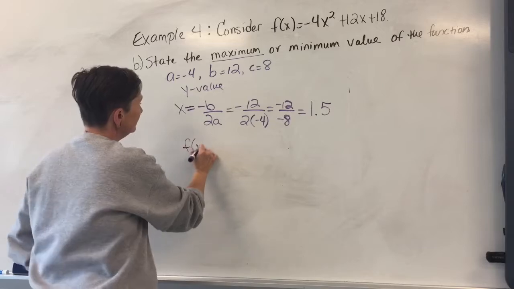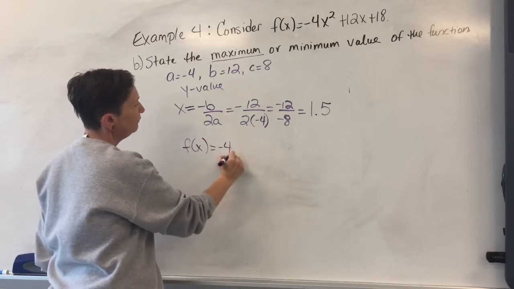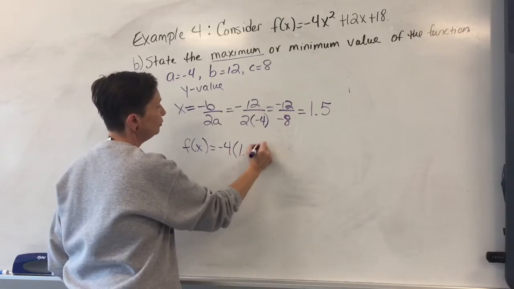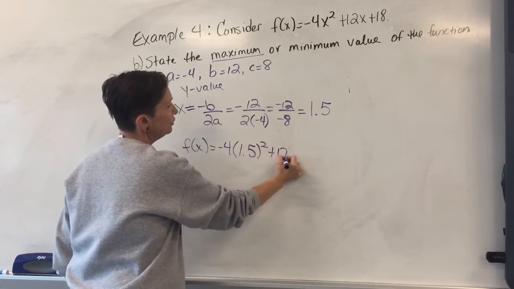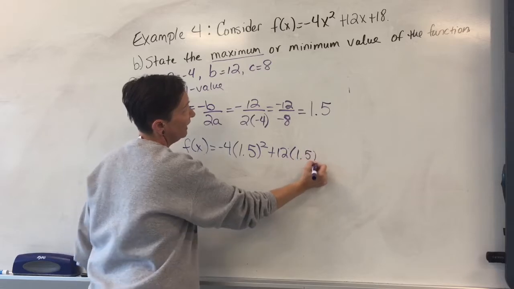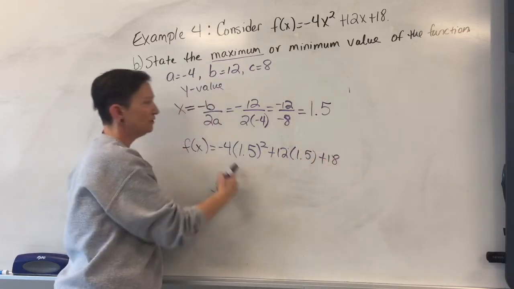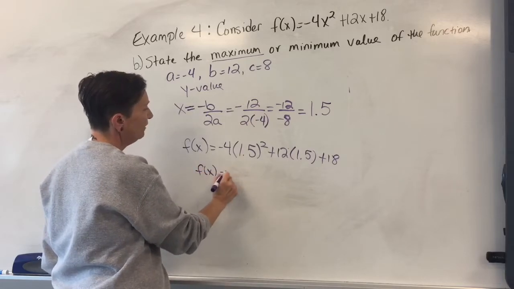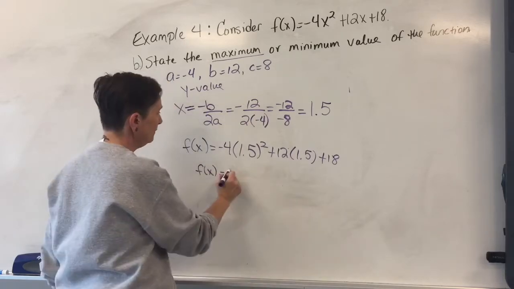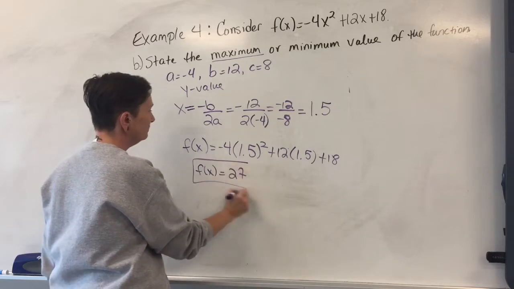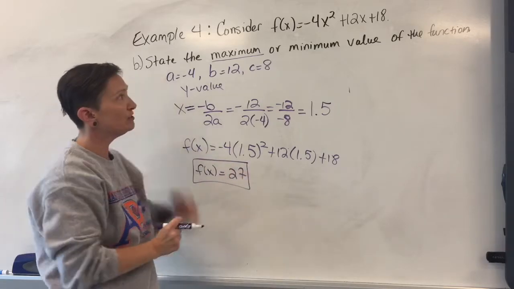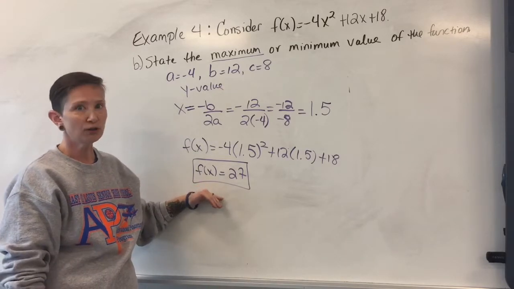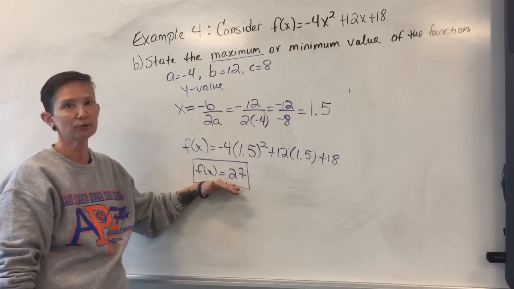So I've got f of x equals negative 4 x squared, but that's now 1.5. So 1.5 squared plus 12 times 1.5 plus 18. So if I calculate all of this, I will get my f of x value or y value at 27. So to answer this question, state the maximum value. The maximum value of this quadratic function is f of x equals 27.